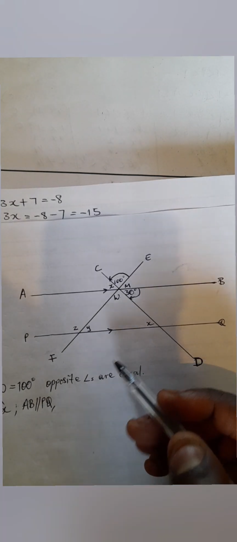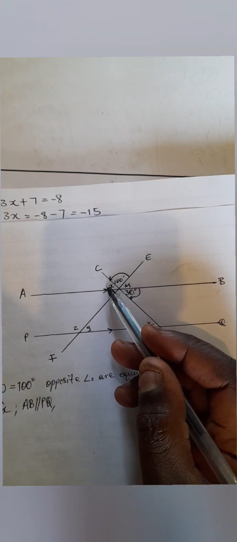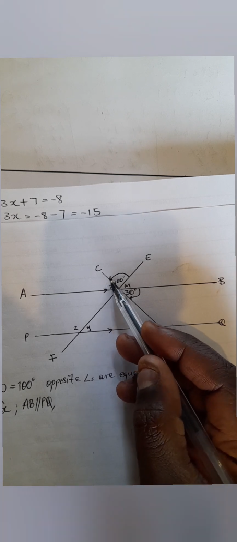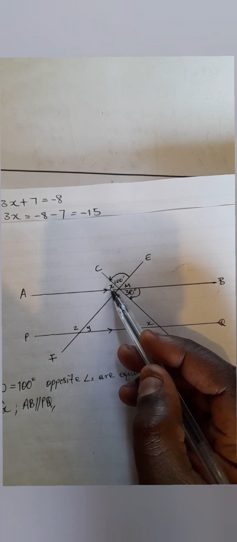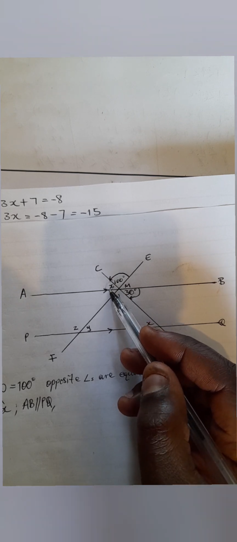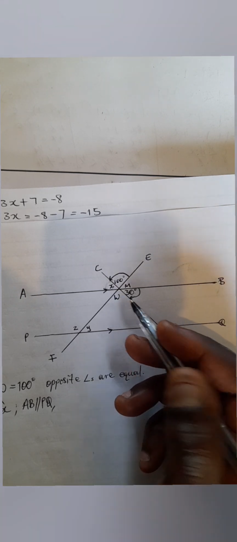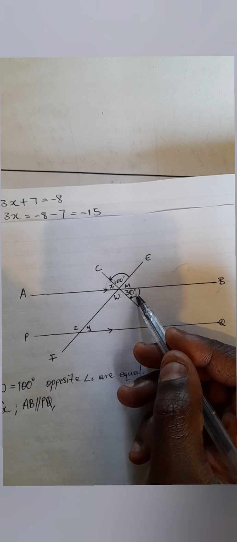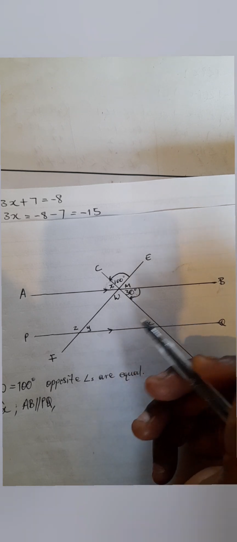Therefore X is a corresponding angle of this angle here, which I also named X, and this angle here, which I also named X, is opposite 30 degrees.